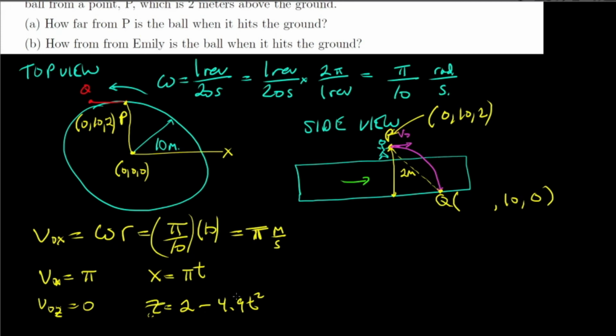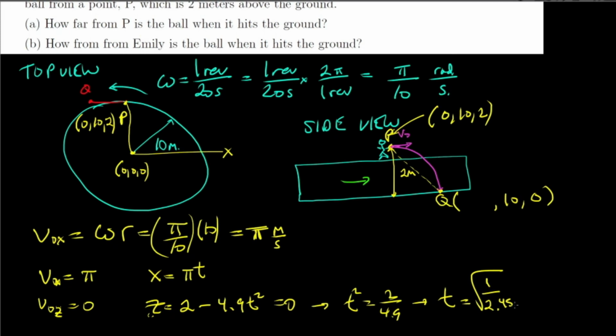Okay, good. So when is z equal to 0? We can solve that. T squared is just 2 over 4.9, so 4.9 divided by 2 is 2.45.